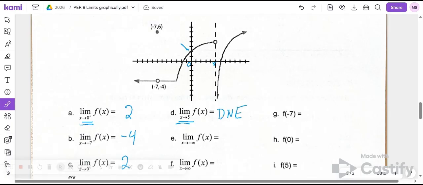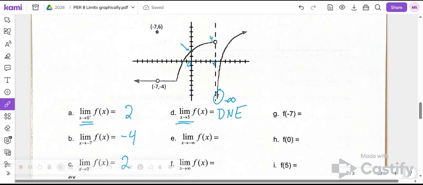Why would this one be D and E? Because that one is at 3, this is at 4, and that one's infinity and this one's negative infinity. That was a tricky one though.